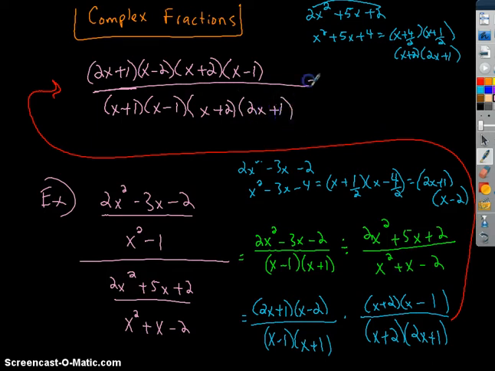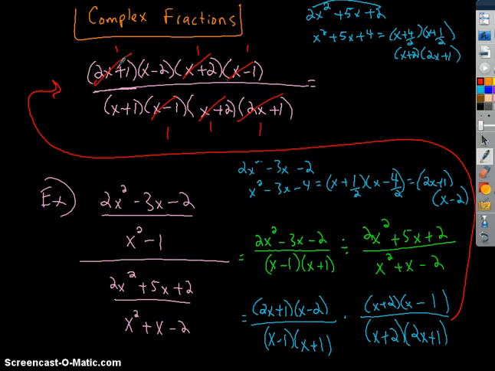In that line, I see a lot of stuff that will actually cancel out. In the top, I could go ahead and cancel out the x plus 2's to be 1 over 1. The x subtract 1's cancel to be 1 over 1. The 2x plus 1 and the 2x plus 1 cancel to be 1 over 1.